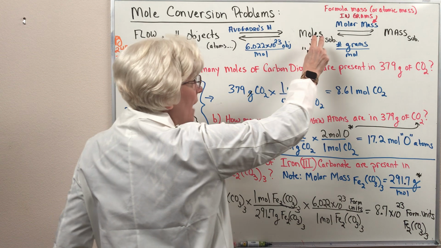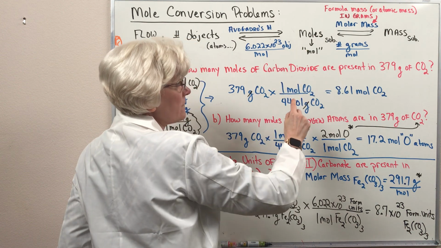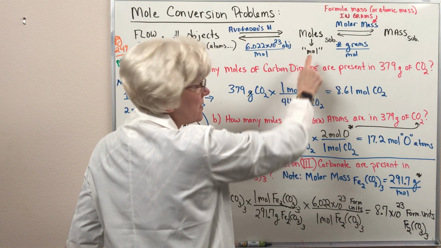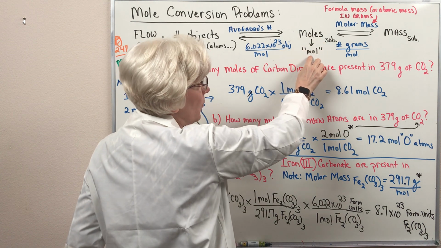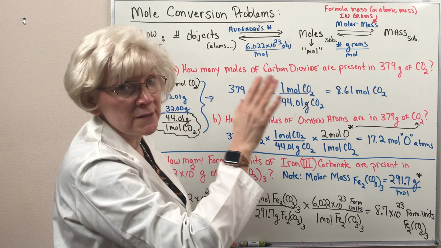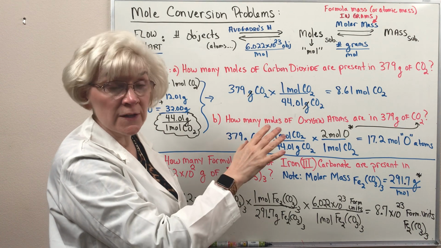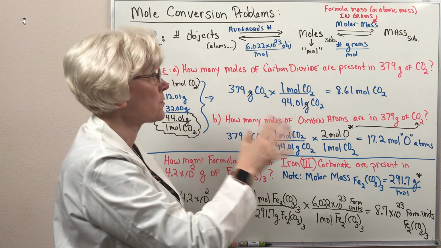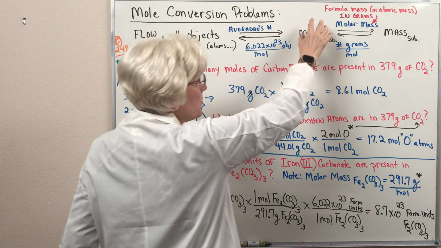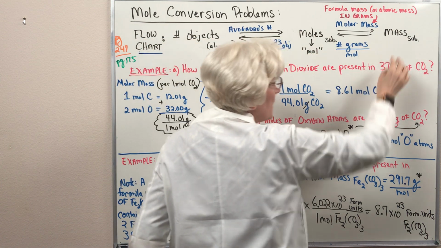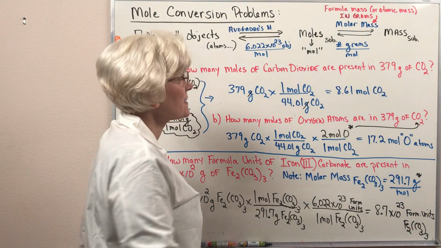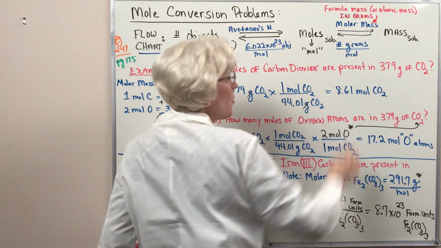If you know how many moles of a substance you have, and although it's not much of an abbreviation, the abbreviation for moles is MOL. Note that MOL never is an abbreviation for molecules, it's an abbreviation for moles. If you know moles of a substance, you can calculate the mass of substance present if you use the molar mass.